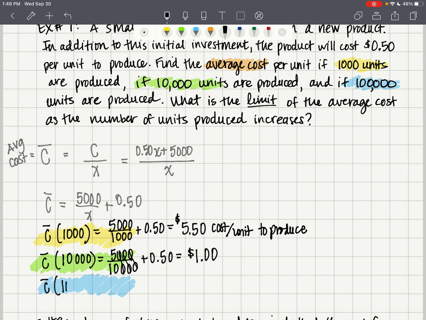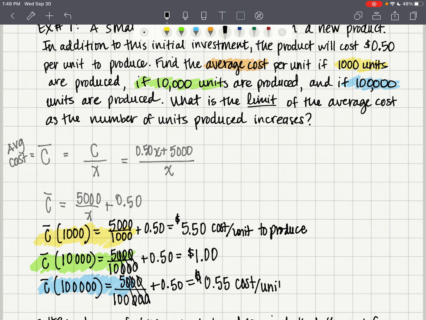Then we're going to do C bar of 100,000. So we've got 5,000 divided by 100,000 plus 0.50. So those zeros cancel. That would be 5 cents plus 50 cents is 55 cents. The cost per unit.